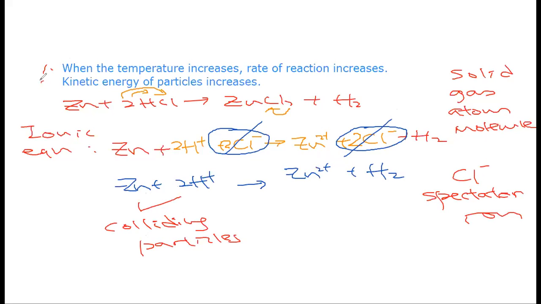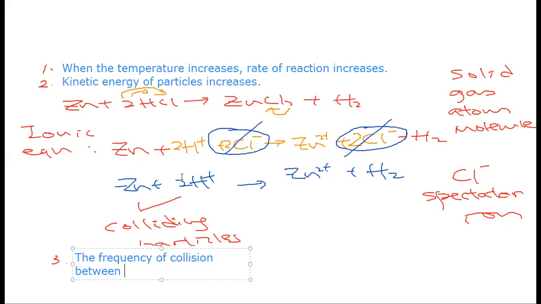Now continue with the story up here. This is point number 1, point number 2. Now we are talking about point number 3. When the kinetic energy of particles increases, in this case, the frequency of collision between these two types of particles, between who?